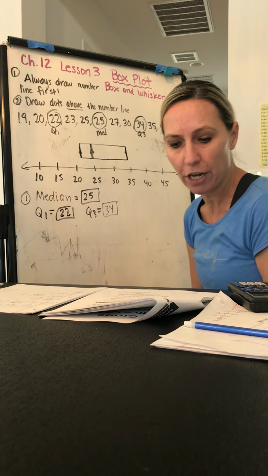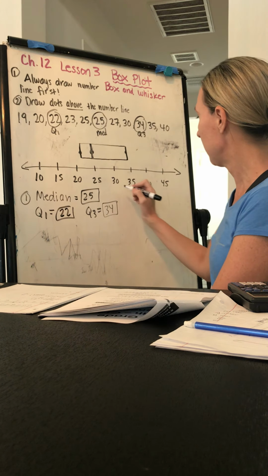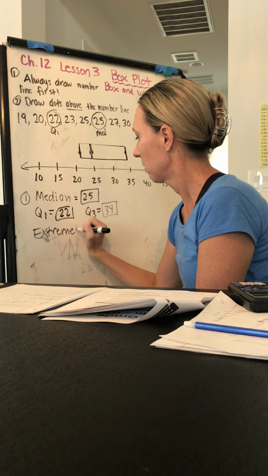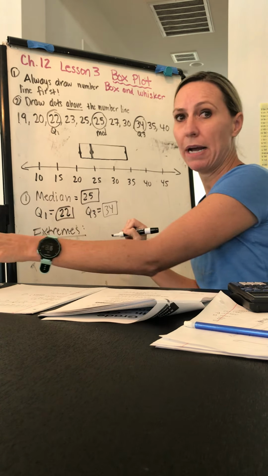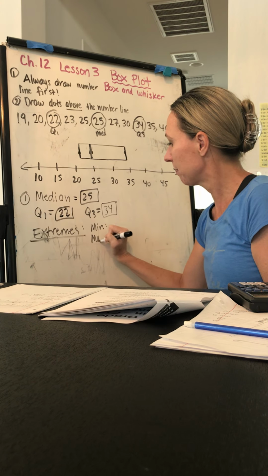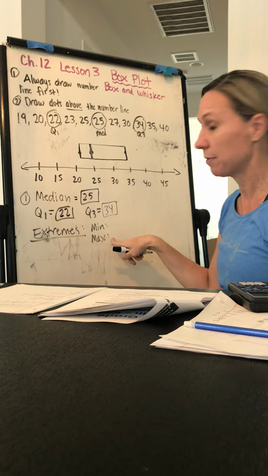Now we're going to do what are called the whiskers. They say the upper and lower extremes, so we're going to find the extremes. In higher level math, the extremes are called the minimum and the maximum. We find the smallest piece of data and the largest piece of data.